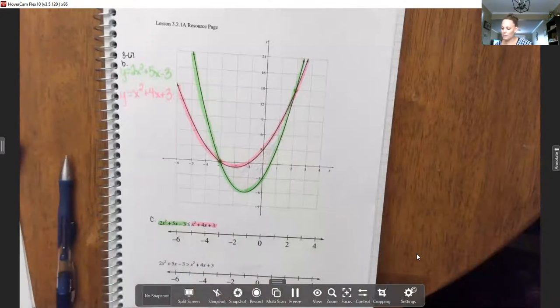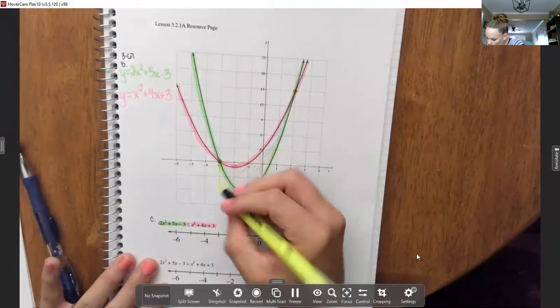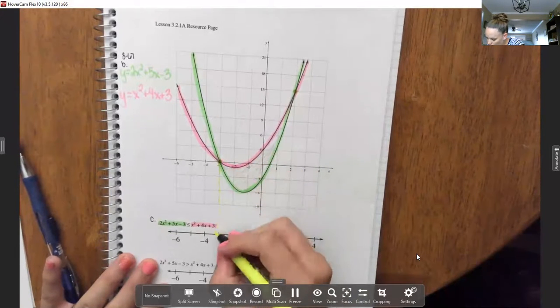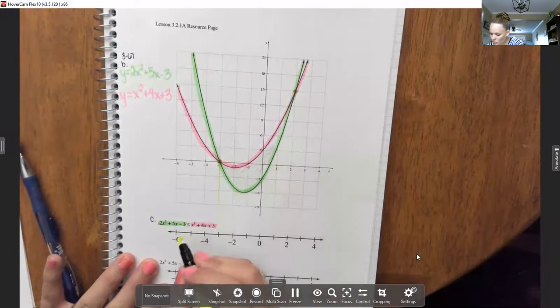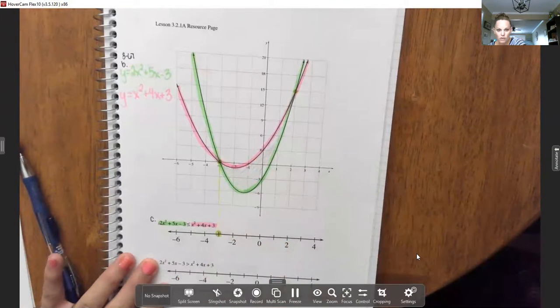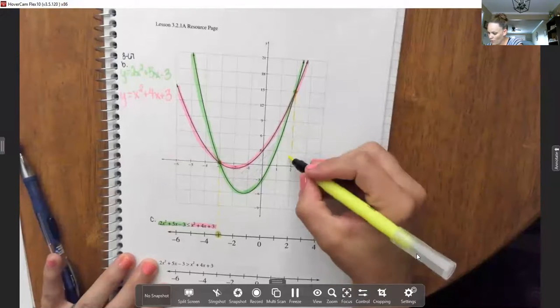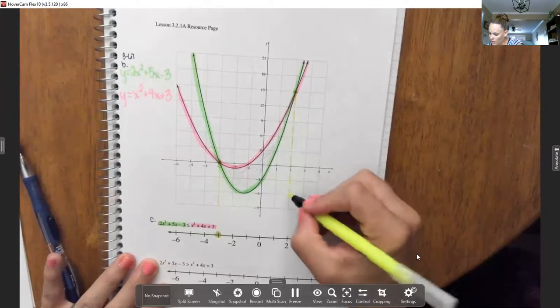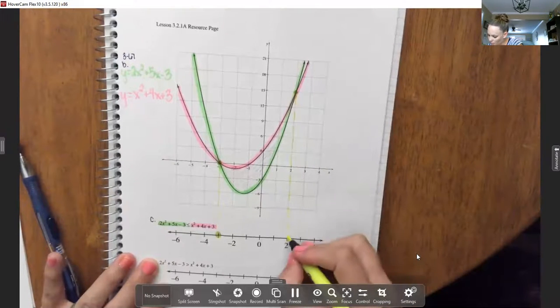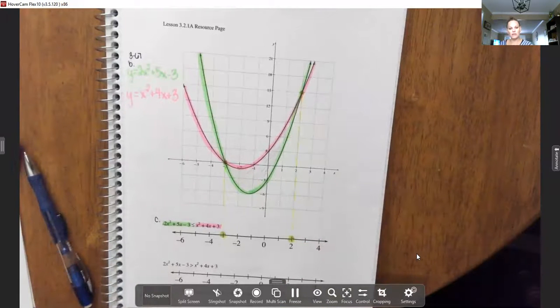So we have these boundary points here. This yellow, sorry, it's not showing up very well, but it's the only other highlighter I have. So those are our boundary points.